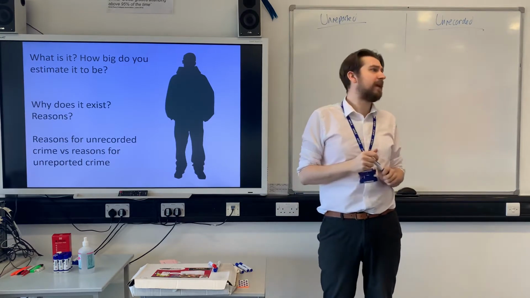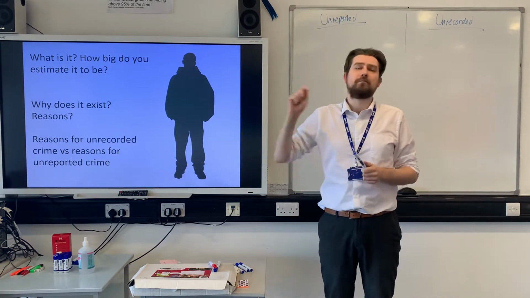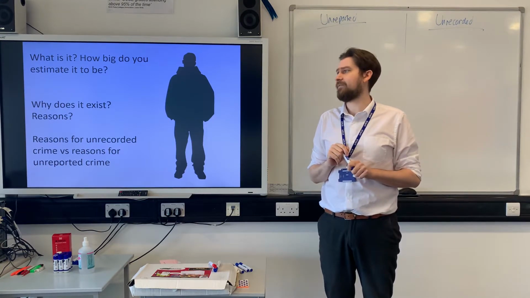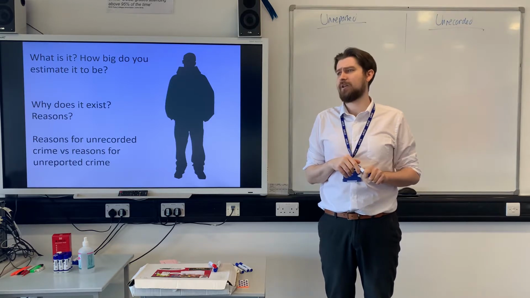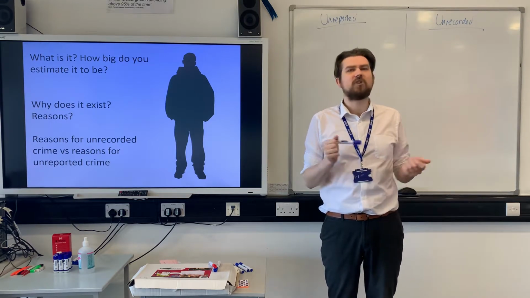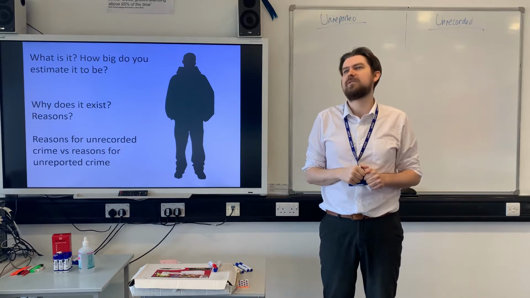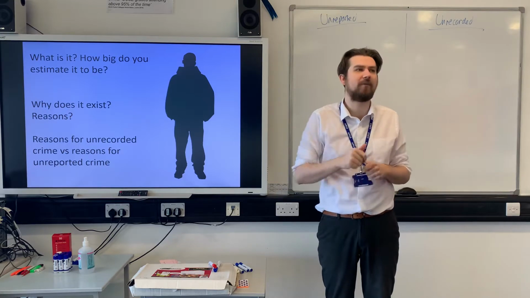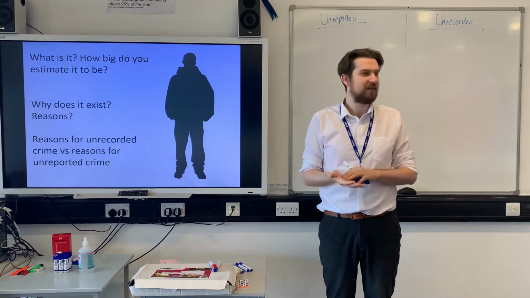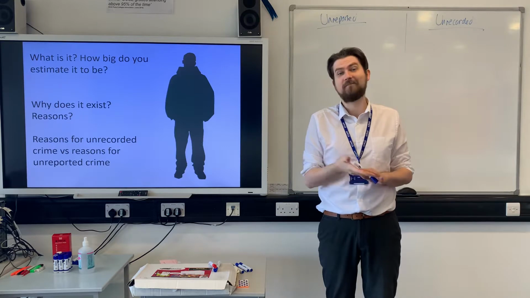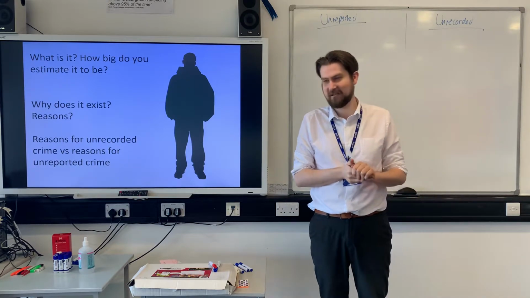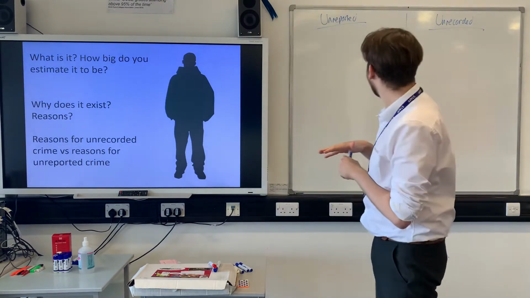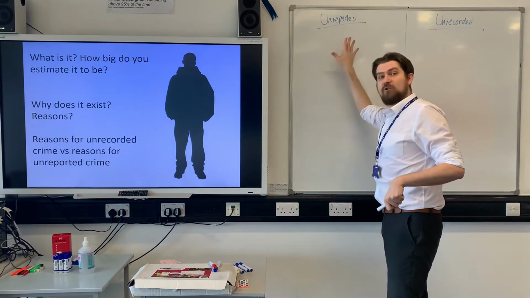So if somebody pinches your phone on a night out, which happens quite a lot, if somebody shouts abuse at you on the bus, or gets in a confrontation with you, or pushes you out the way, or robs you at knife point, as with the case of the lad I taught a couple of years ago, and you don't tell the police, that's it, it's never going to go on the record. Now, why might crime go unreported?